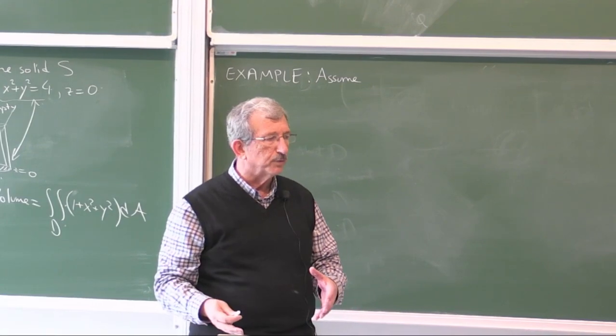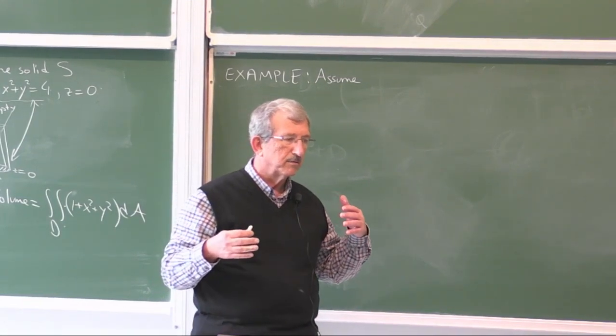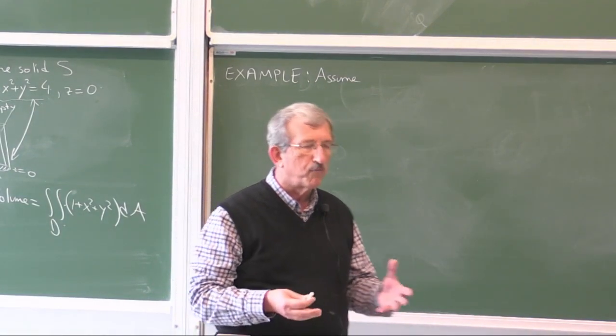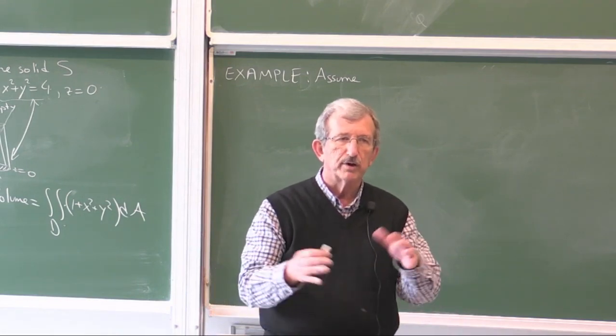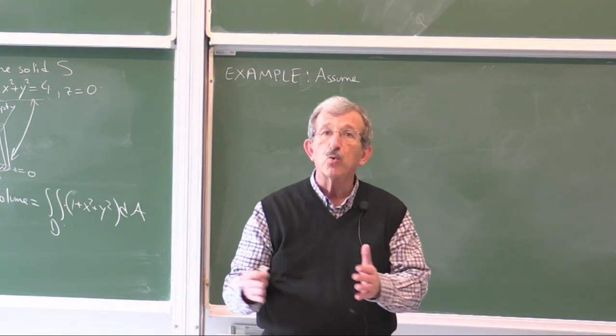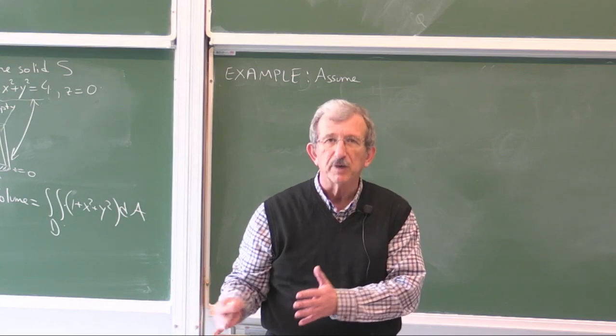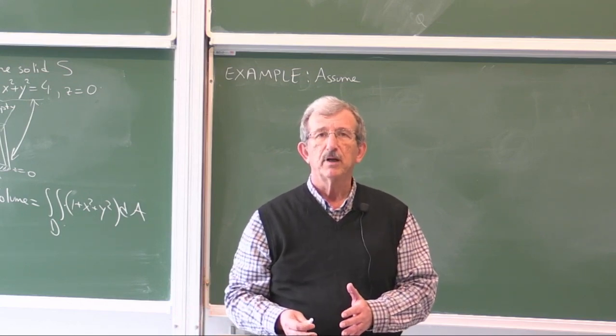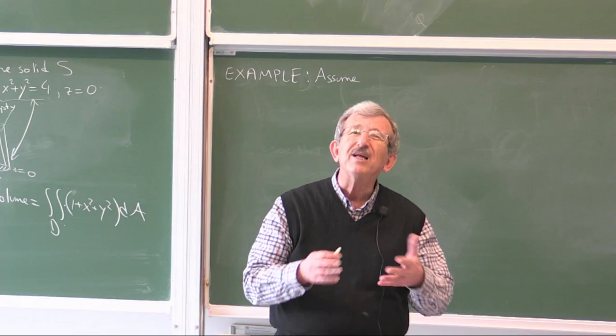For instance, if you evaluate a double integral not over a circle or a square, but over the first quadrant, then it becomes an improper double integral. Assume we know how to deal with them.